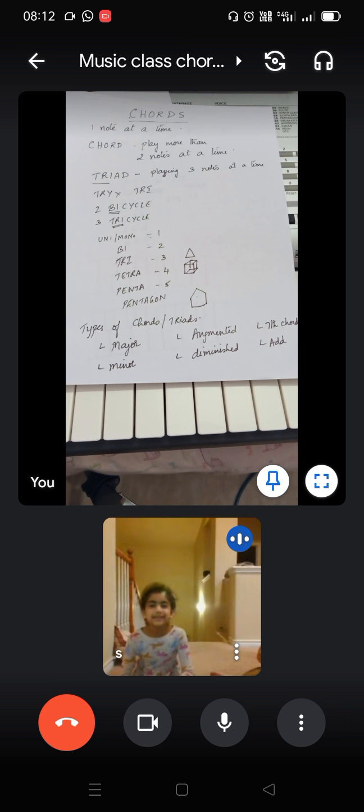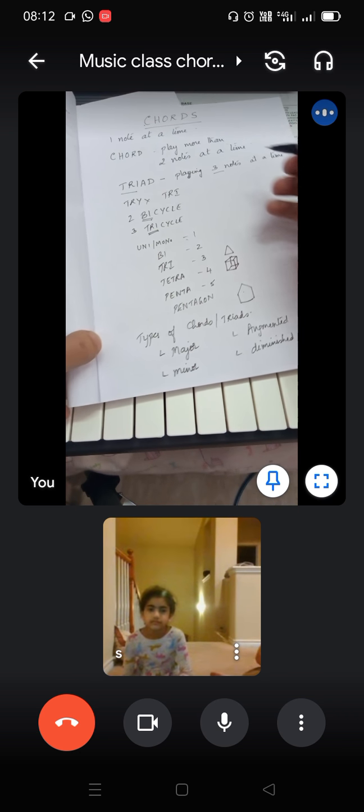Bicycle is a cycle that has 2 wheels, tricycle is a cycle that has 3 wheels, correct. So in the same way, a triad is a set of three notes.